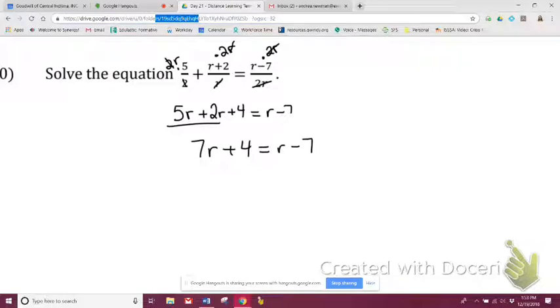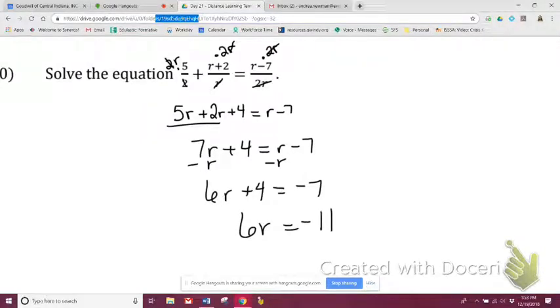Yep. So then I would subtract r from both sides. So 6r plus 4 equals negative 7. Subtract 4. 6r equals negative 11. Divide by 6, and r equals negative 11 sixths.